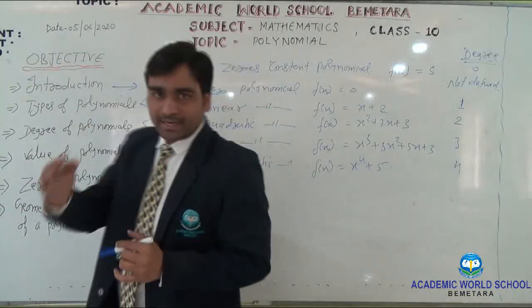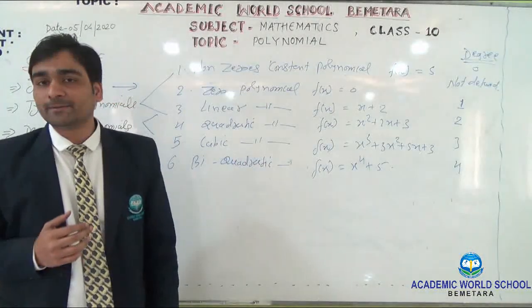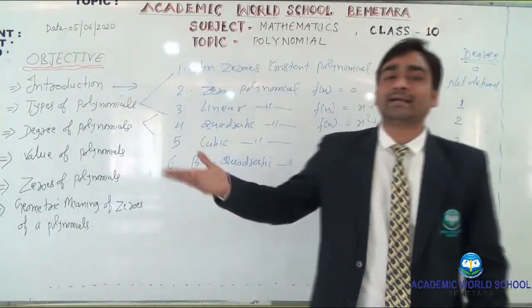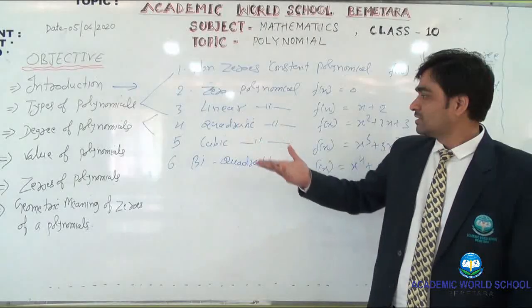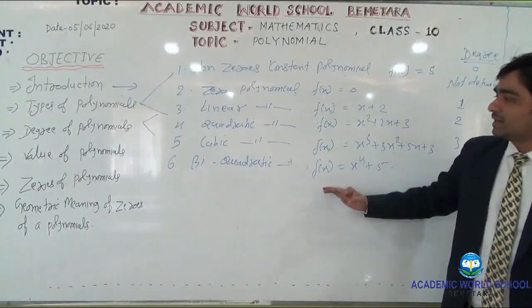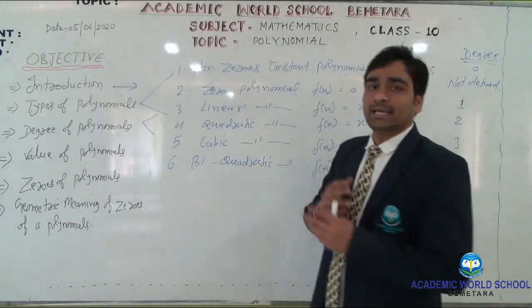Now, what will happen if the degree of the polynomial is more than 4? What is it called? Because the degree of the polynomial we can write 100, 1000, 1 lakh. So whenever the degree or power of the polynomial is more than 4, it is known as the polynomial.